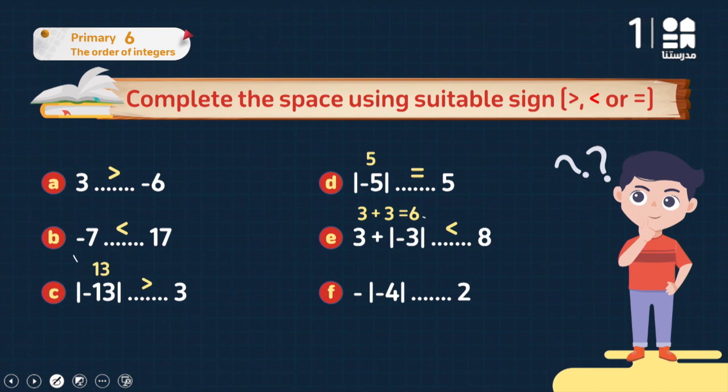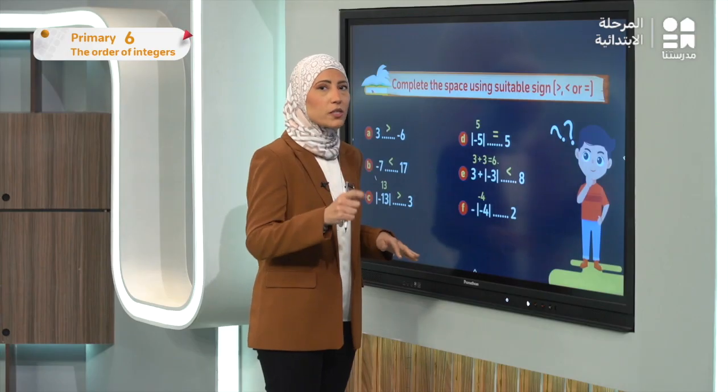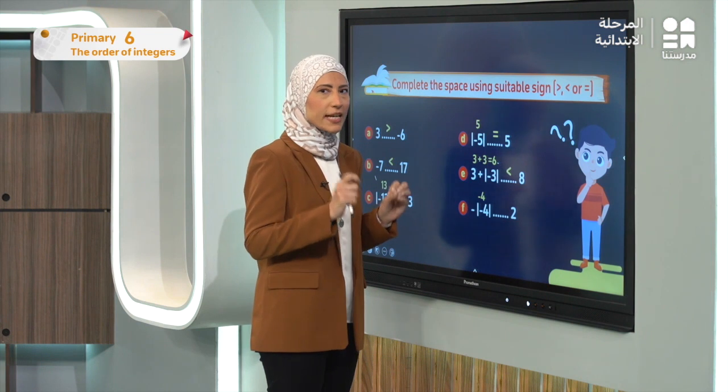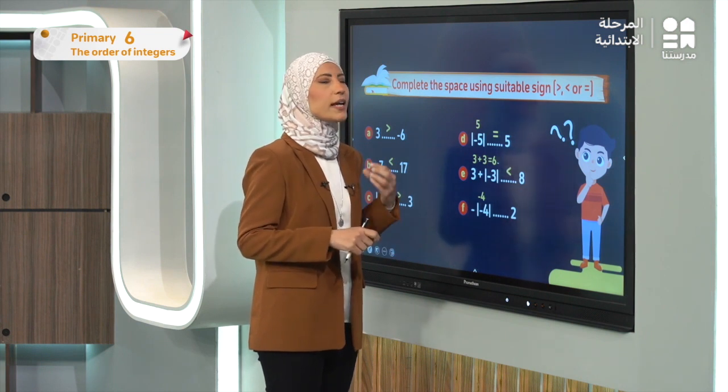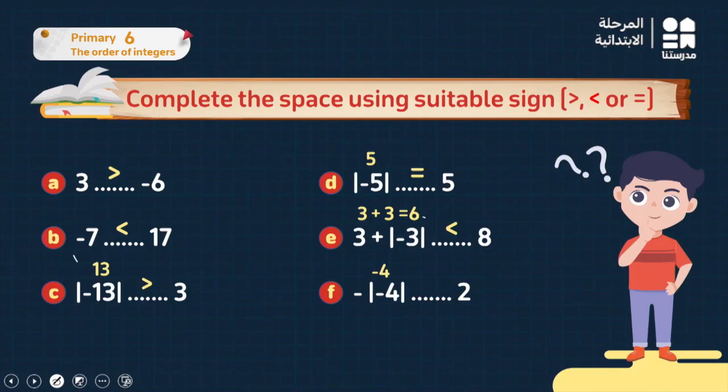But I have this negative, so it gives me negative 4. So negative 4 and 2. Of course, I said before, and I am going to keep saying it, any positive integer is greater than any negative integer. So directly I will put the sign looking at the 2. 2 is greater than negative 4.